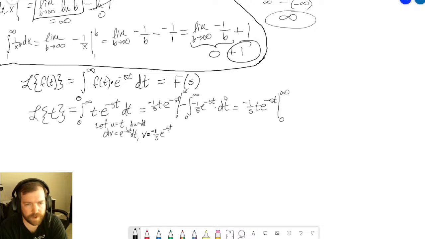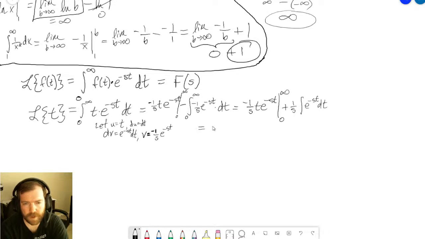And this is a positive 1 over s times the integral of e to the negative st dt, which we already did on the step above. The integral itself is just going to be the v that we found earlier.